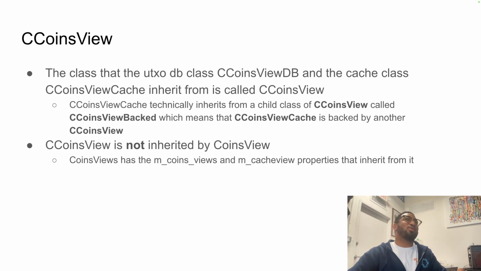CCoinsView is different from CoinsViews, with the plural. Again, I shouldn't have. This is my mistake. It should be an S like here, but CCoinsView is something that the attributes of your CoinsViews inherit from.